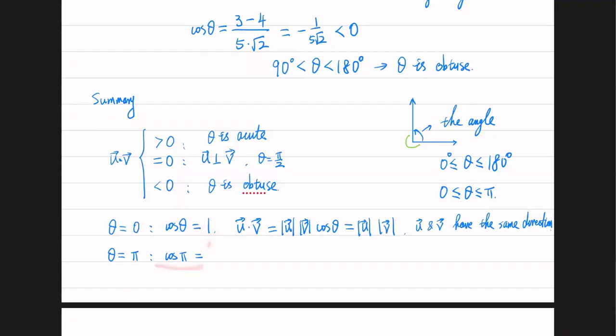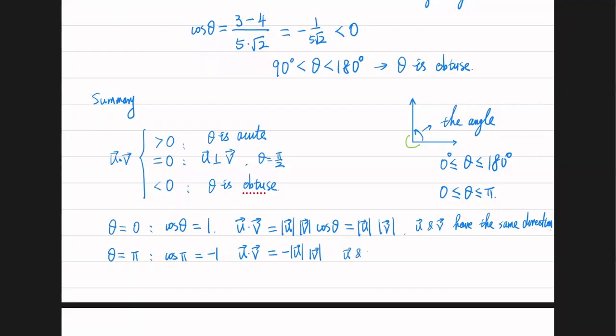Cosine pi is, I think, negative 1. If this is negative 1, what can we say about the dot product? Amy? It's the negative of the norms. Okay, in this case, the dot product is the negative of the product of the norms. They have opposite directions.